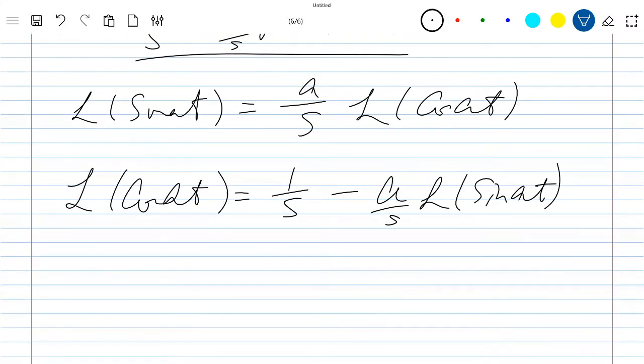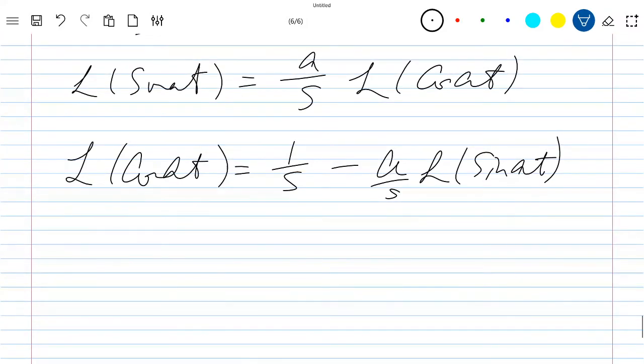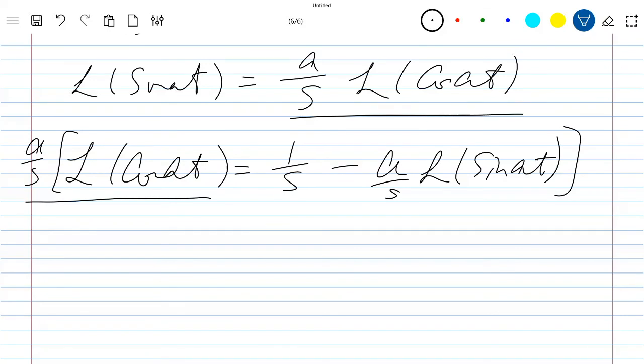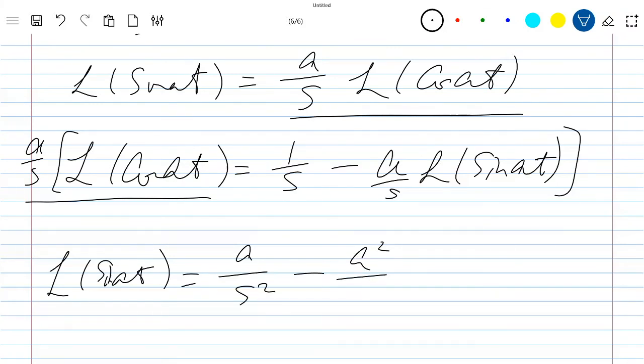Okay, so we have two equations with two unknowns, and then let's solve them. Say you want to solve for sine of at, then you multiply the second equation by a over s, right? Then this left side will match the right hand side, so you will have L of sine at equals a over s squared minus a squared over s squared L of sine at, right?